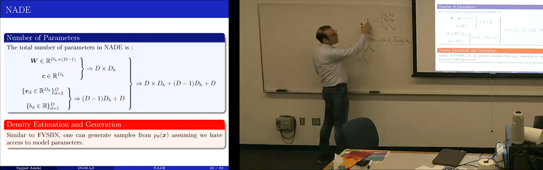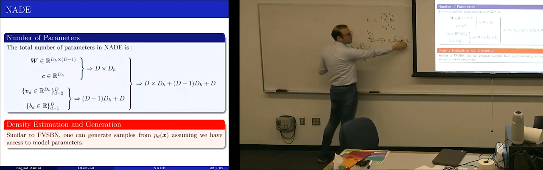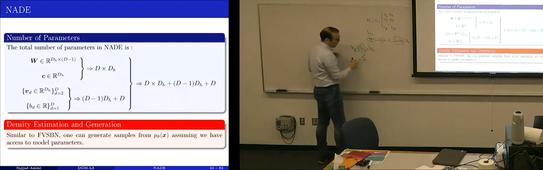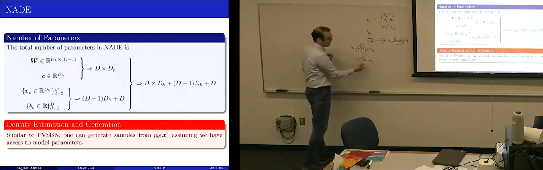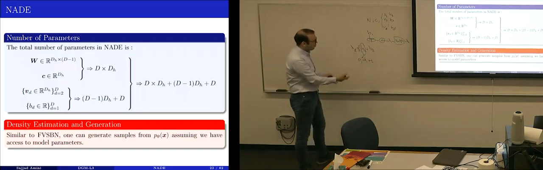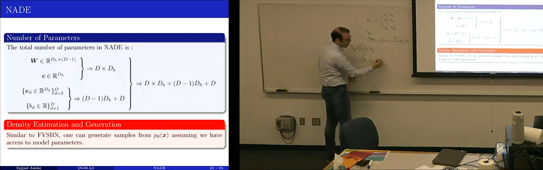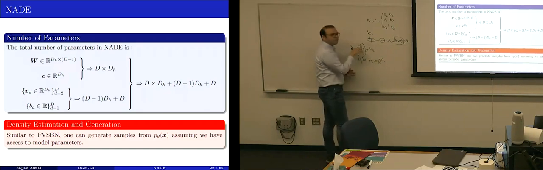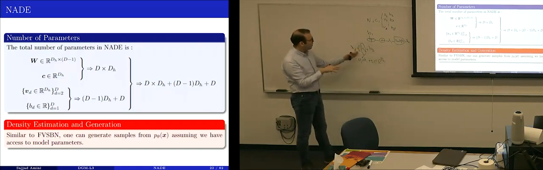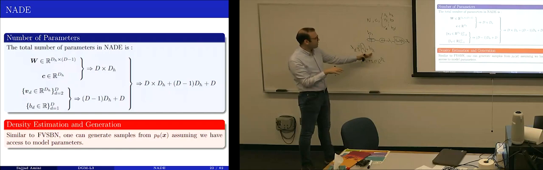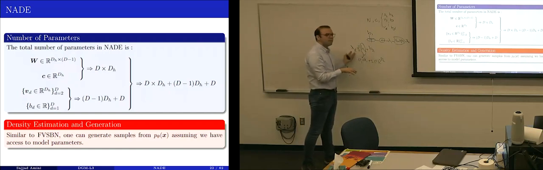W1 is the first column here, and x bar 1 is what we generated previously. I multiply them together and add the C vector. C is also a vector, and all of those together are of dimension dh, and it generates H2, and H2 times V2 plus a scalar generates lambda 2.